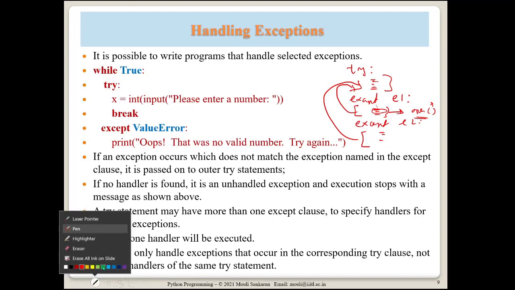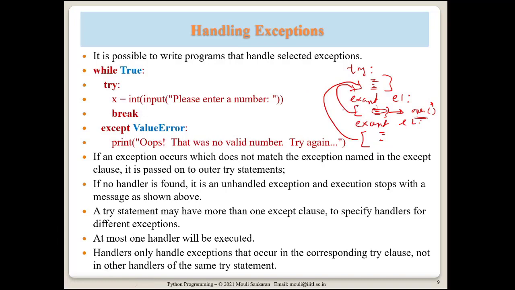This itself is going to raise an exception, a file error or whatever. Now you may have an except E2 which is FileError, which is meant for any file opening in the try part of the code, not for this other piece of code. That is what I am saying.